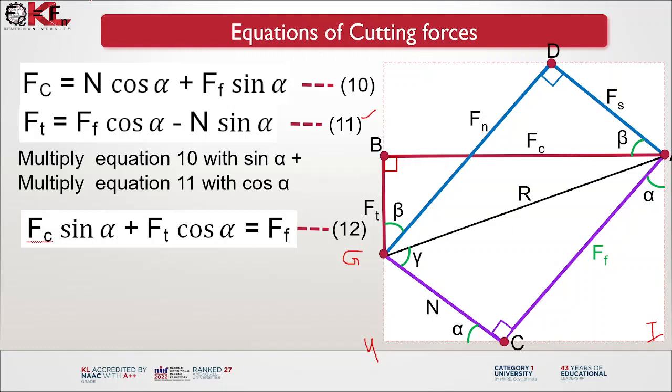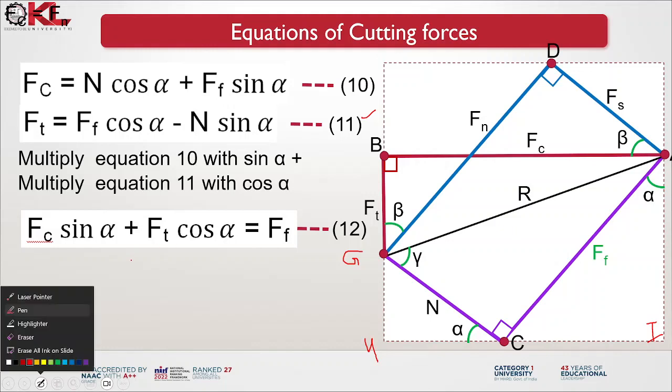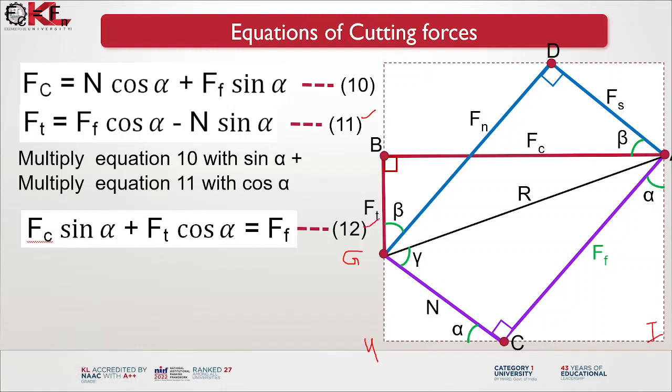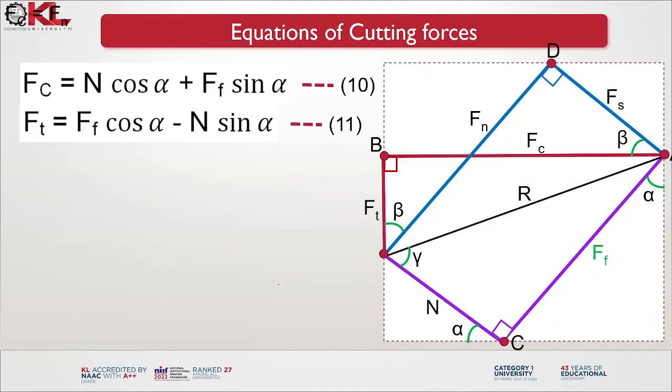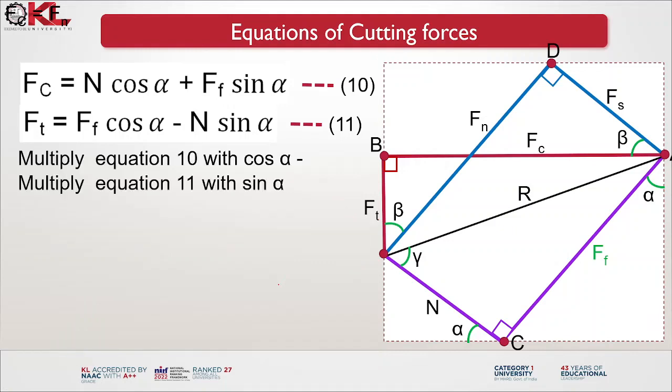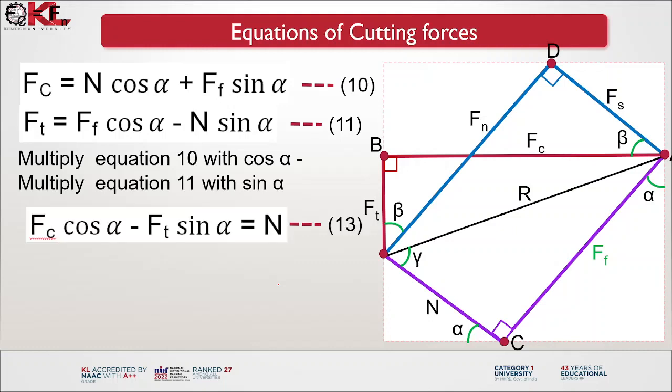Now you can see that the frictional force Ff is obtained, that is equation 12. Again, multiply equation 10 with cos alpha minus multiply equation 11 with sin alpha, then you can obtain the normal force.